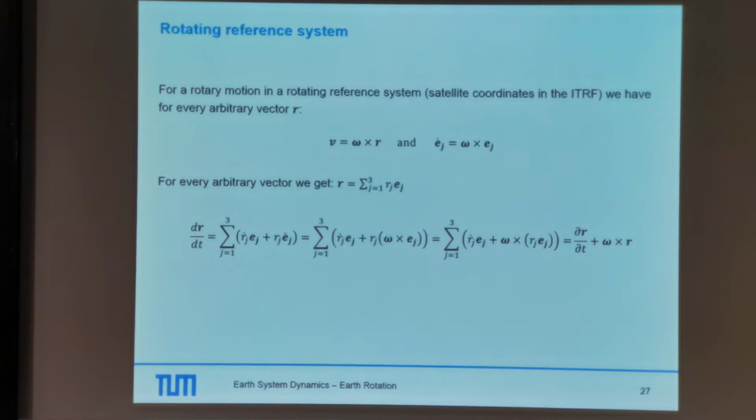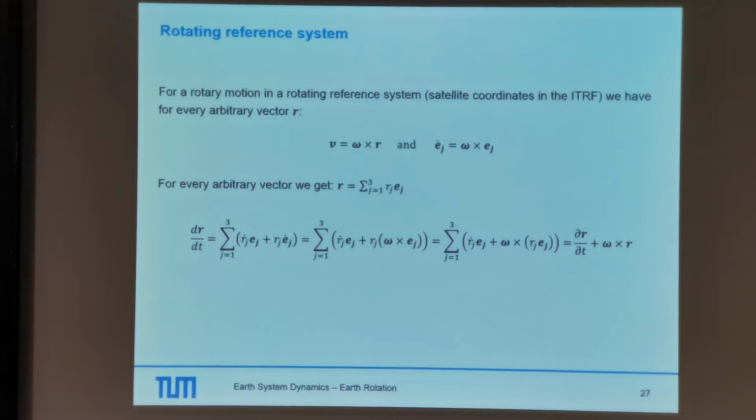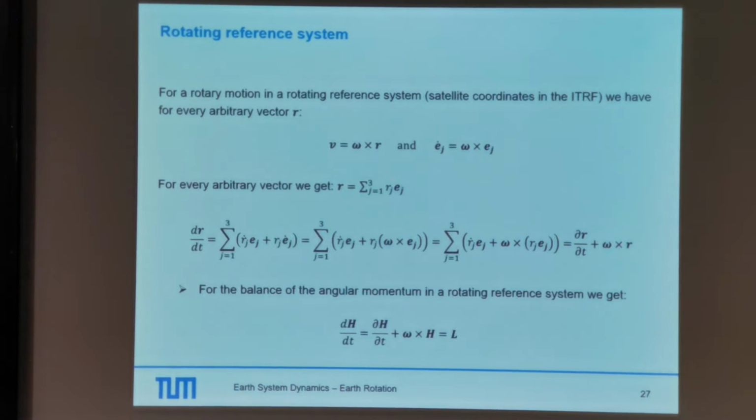Yeah. So is this clear how this is derived here? So the total derivative of the position vector with respect to the time is the partial derivative, as we have it here, the partial derivative of r with respect to time plus this omega cross r cross product at the end of this equation.